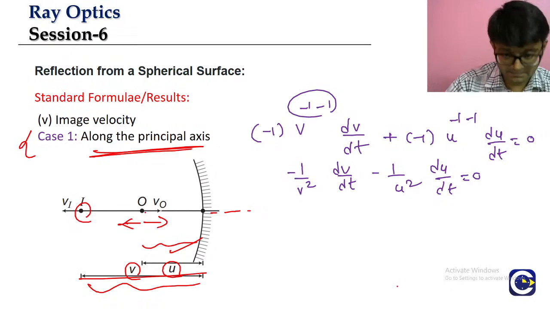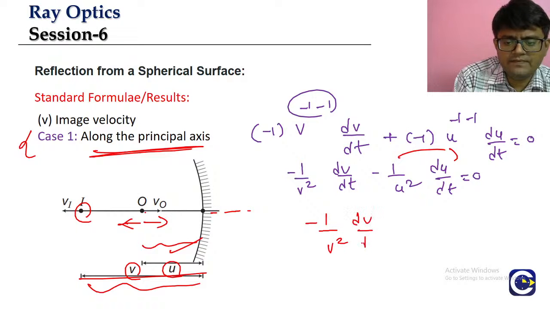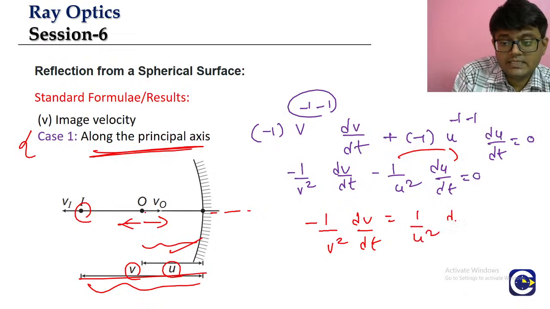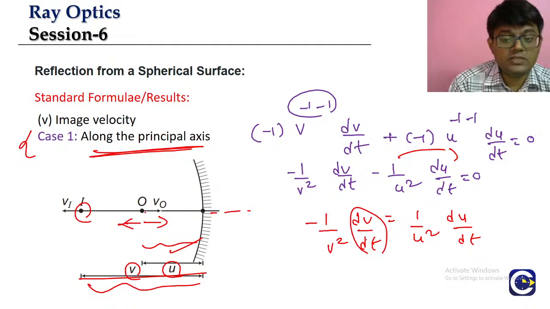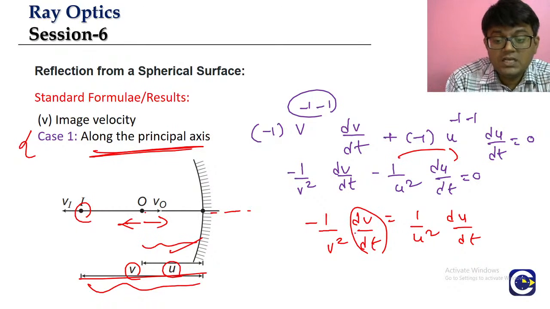The final step. So look at this, guys. If you take one of the terms to the other side, what will we have? Minus 1 by v square into dv by dt, this we are keeping on the left side only. That will take it to the right side. It will become plus du by dt. Now we are looking at the image velocity, right? It's not the total image velocity. It is the image velocity along the principal axis.